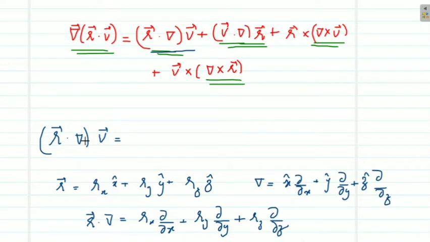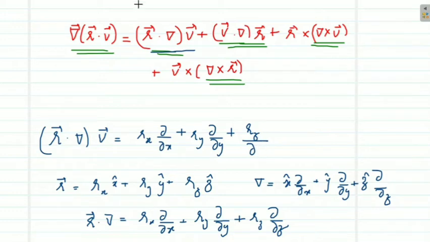So what will be r bar dot del of v bar? It will be Rx into dou by dou x plus Ry into dou by dou y plus Rz into dou by dou z of v bar.